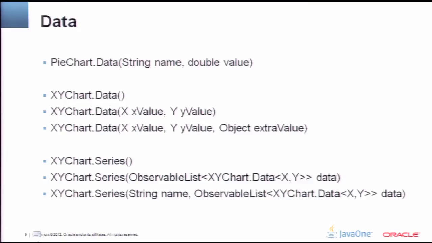When axes are defined, you have to specify data. For pie chart there is PieChart.Data class to specify it, and for 2-axis charts there is XYChart.Data class which is used to specify data. And what is interesting here is the extra value in the last XYChart.Data constructor. Through this extra value you can pass another specific value to the chart to process it.